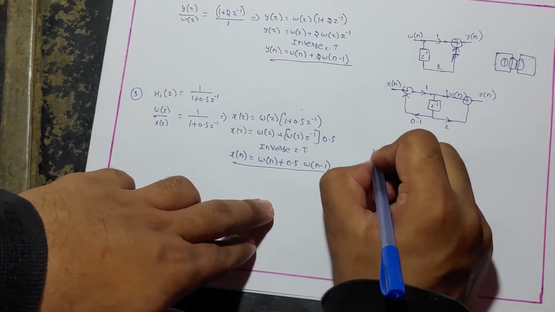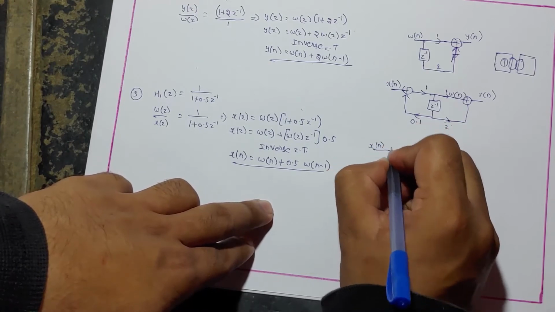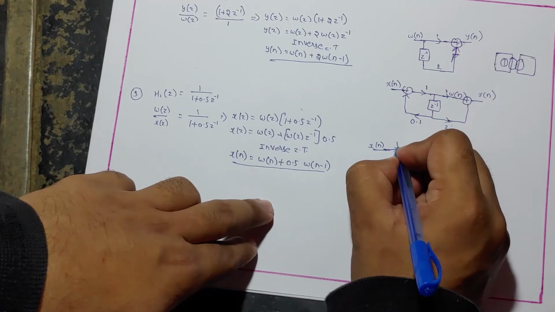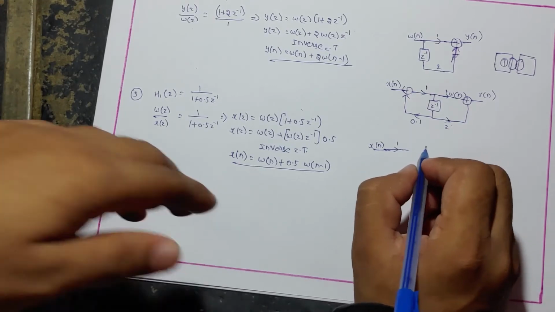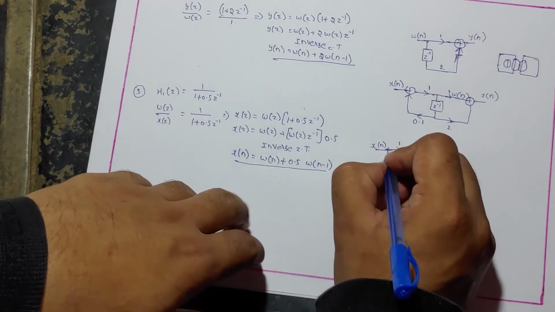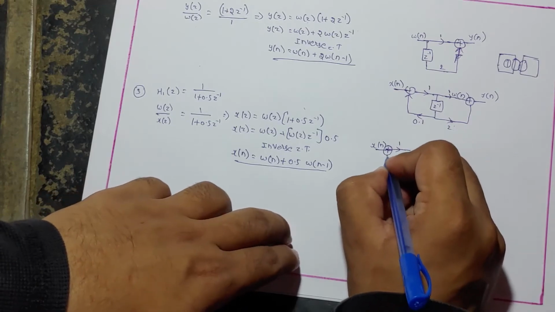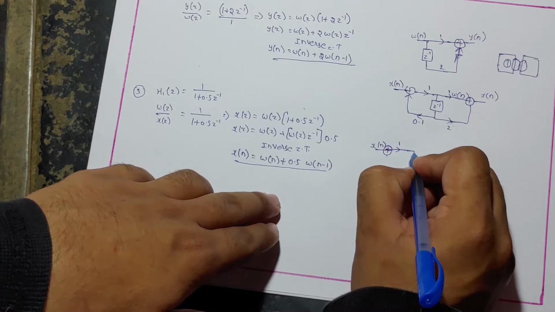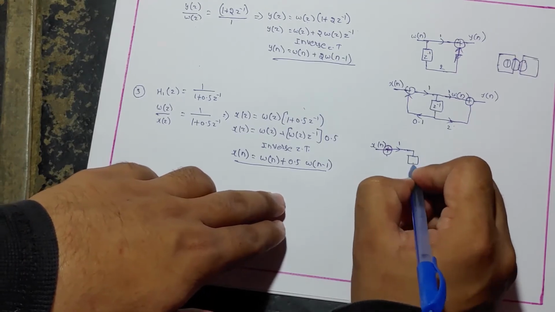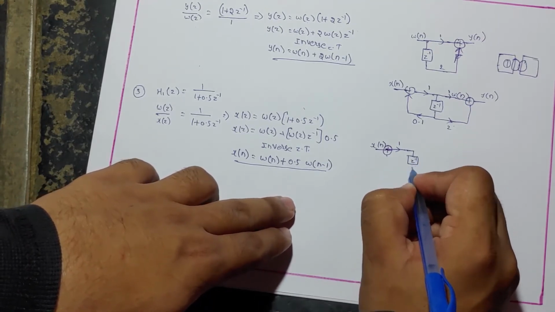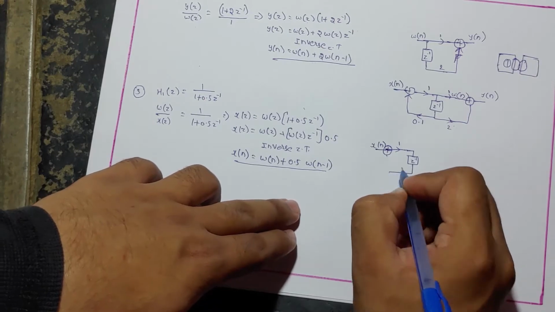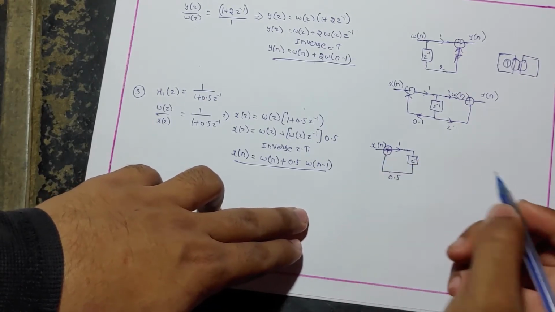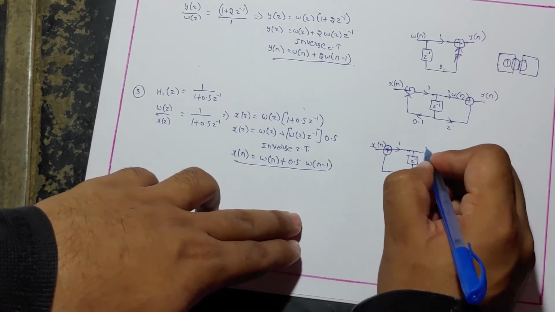The x of n is an input, and the input is constant multiplied with an adder, and the adder output is delayed by one element, and it is given a constant multiplication of 0.5, and it is added to the system to give an output of w of n.